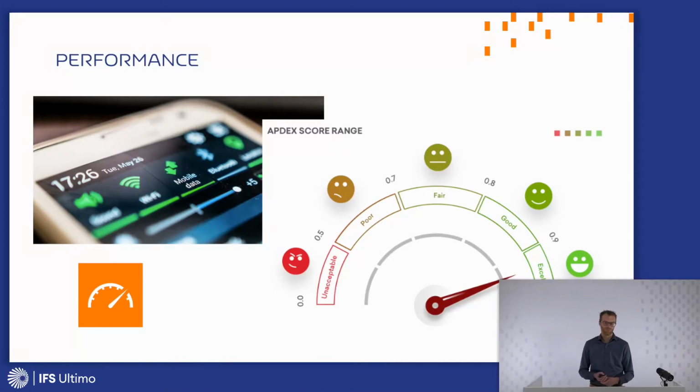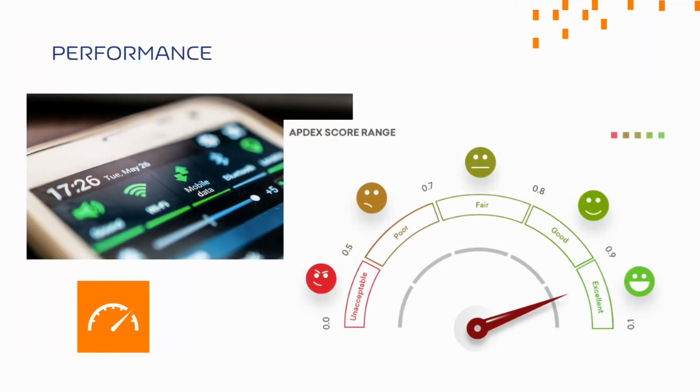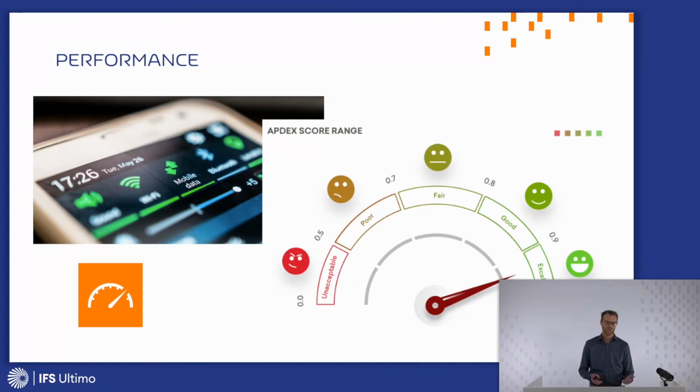He won't notice the difference, but we are handling less data during the actions. And we are checking the AppDex again, and we now see that it's really excellent during the day. Also, we don't receive any complaints anymore about the performance in mobile solutions. So I think this is really an important and nice improvement.